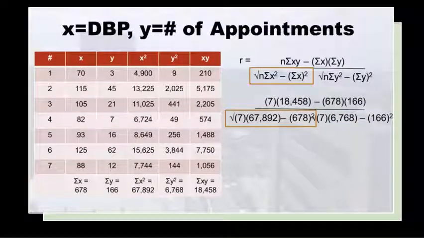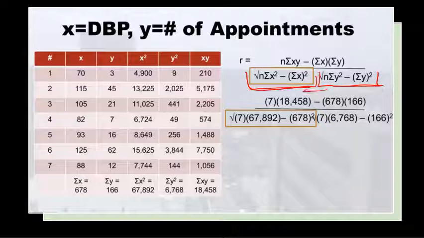So the bottom section, basically it looks like this. You got this section, and you're going to multiply it by that section. That's how the bottom looks. That's how your denominator is going to work out. So you solve this side, then you solve this side, and then you multiply them, and that's what you're going to get.